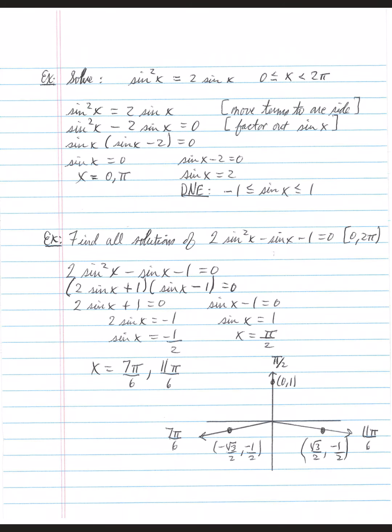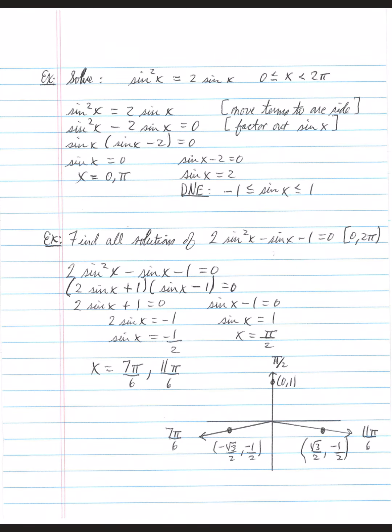The last term, 1, that breaks up into 1 times 1. Remember the O and the I from FOIL, the outer and the inner have to total up to your middle. -2 sine x plus 1 sine x is negative sine x. Set each factor equal to 0.